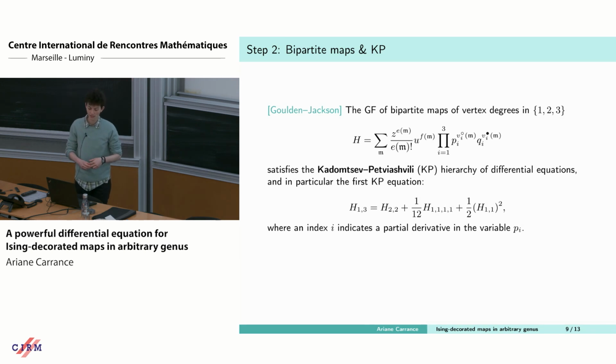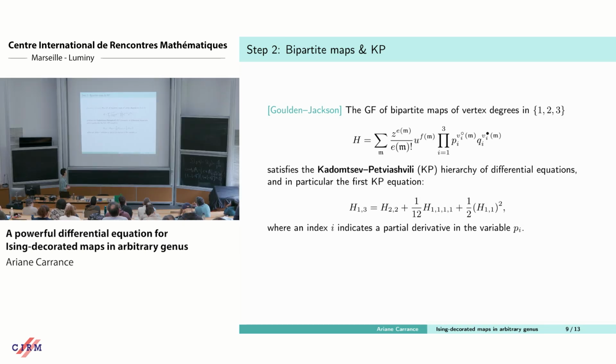And so you see that it's very important to allow for vertices of degree 1 because you have derivatives with respect to the variable that enumerates these vertices of degree 1. So we're almost there, but we need to find a way to convert this into an equation on B that doesn't have any vertices of degree 1.